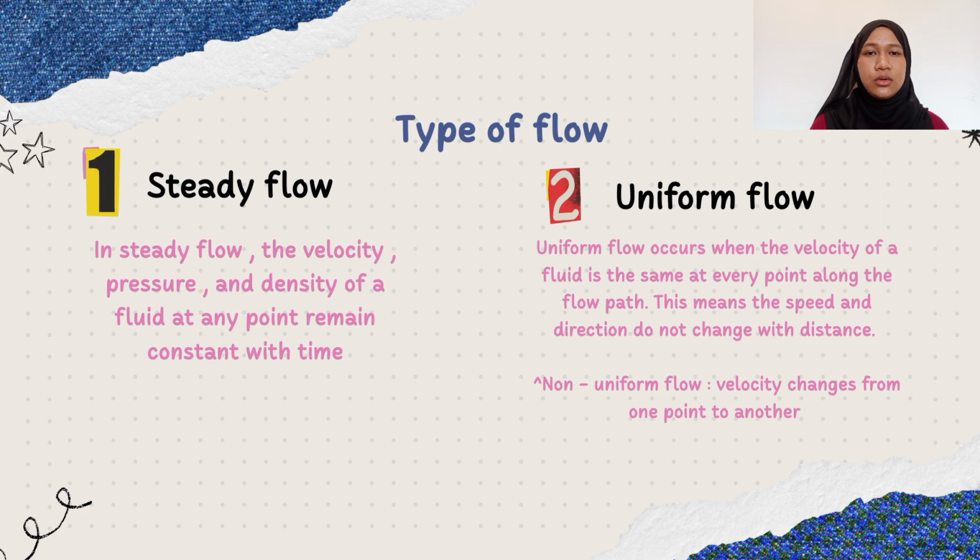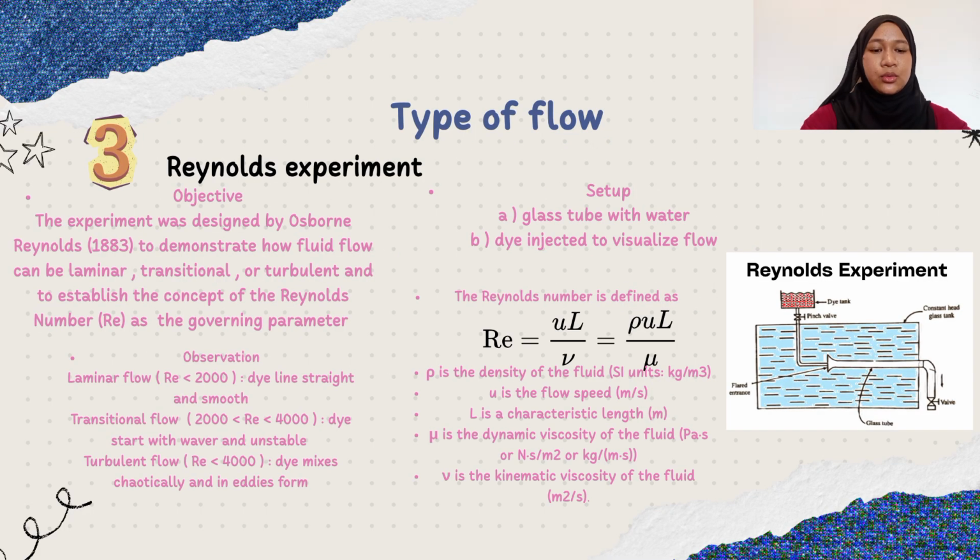Meanwhile, in non-uniform flow, the velocity changes from one point to another. Understanding these types of flow is important because they affect whether a system operates smoothly or faces turbulence and energy loss.